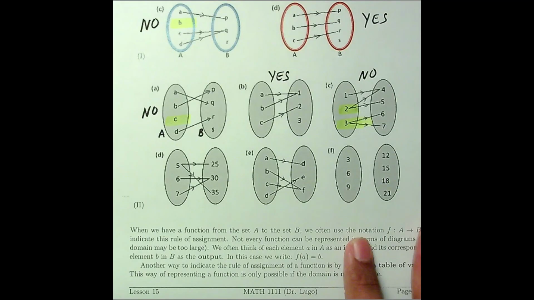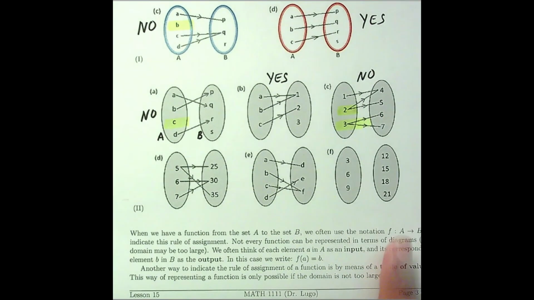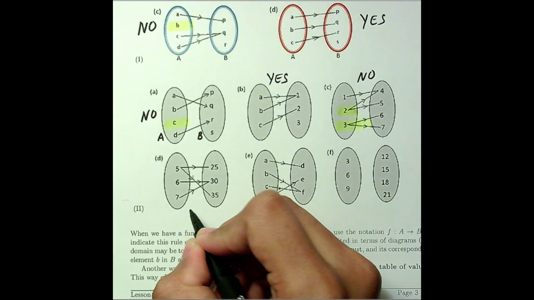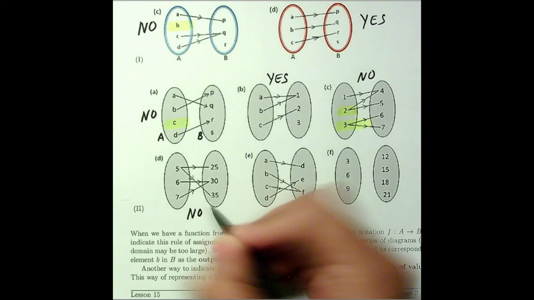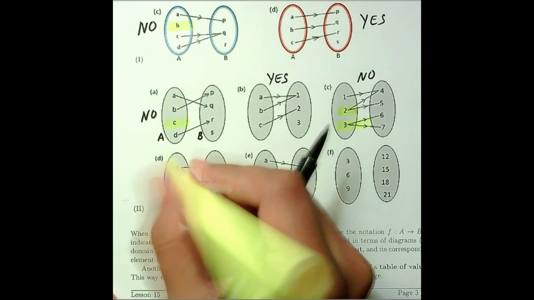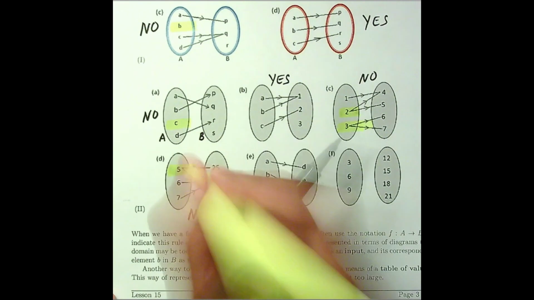Okay, here's 3 more. Is that a function? Yes or no? If you said no, then you have it right. It is a no because there's a violation right here. You cannot have 2 arrows coming out of 5. That ruins that.